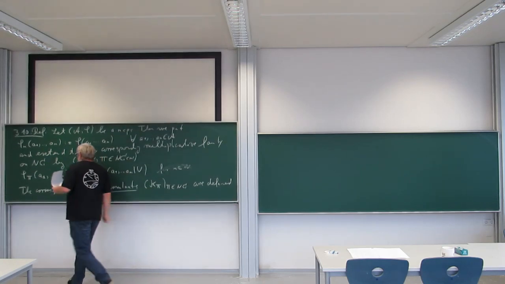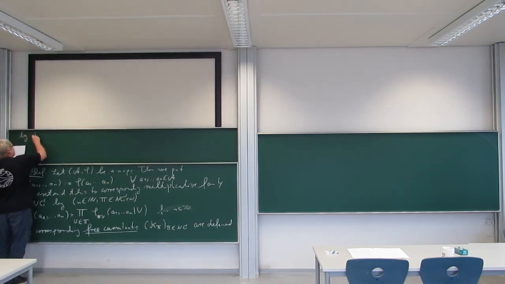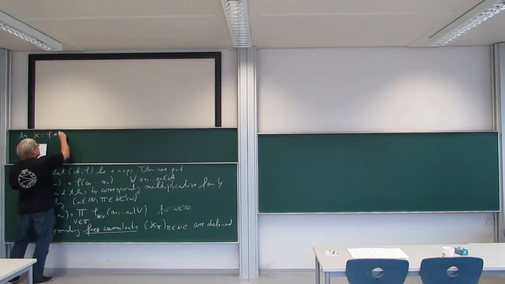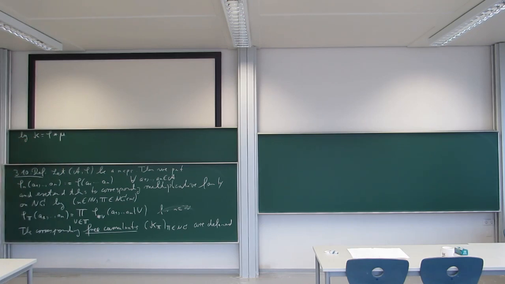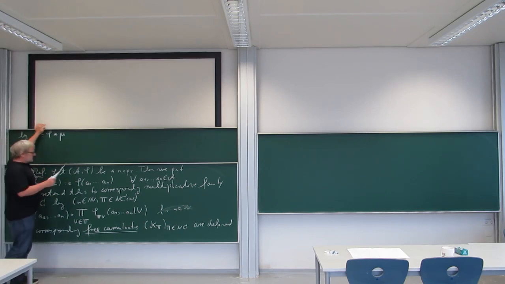They are defined by the formula kappa is the convolution of phi with the Möbius function. And of course, now we have to take into account that those are not just ordinary functions going to C on our poset, but they are functions which are actually functionals. But of course, the formulas are the same.